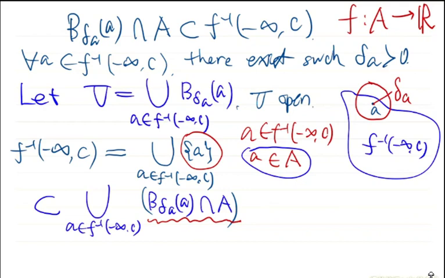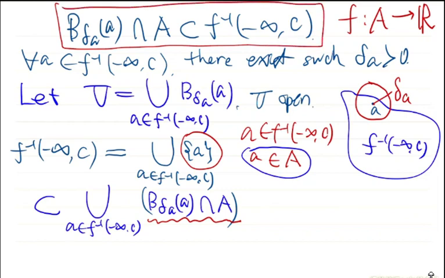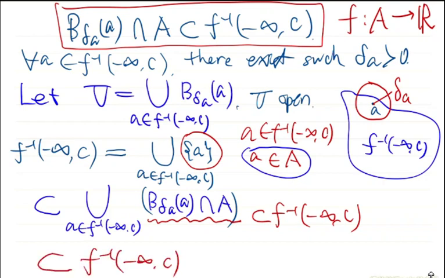But for the right hand side, look at this. For the right hand side, every set in the union is a subset of the pre-image of this. So the whole union must also be a subset of this, right? Every term in the union is a subset of this set.